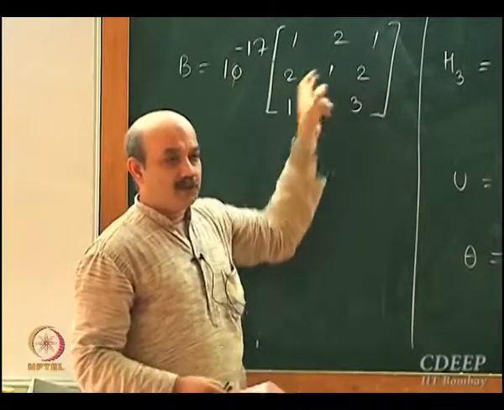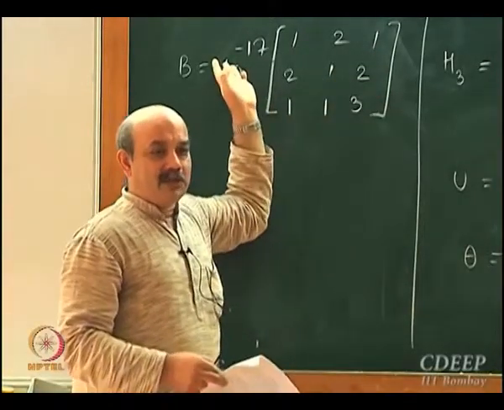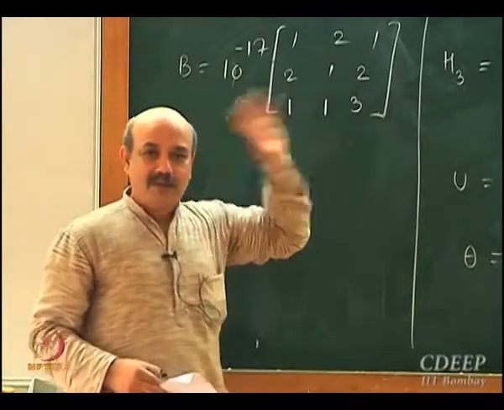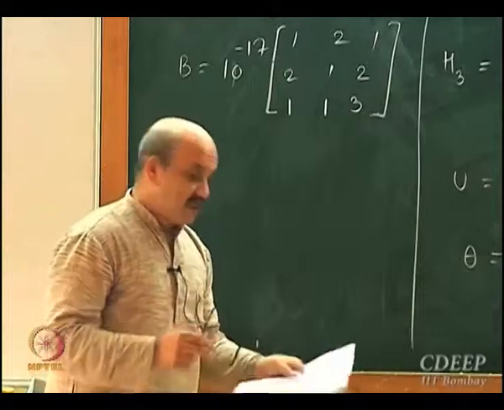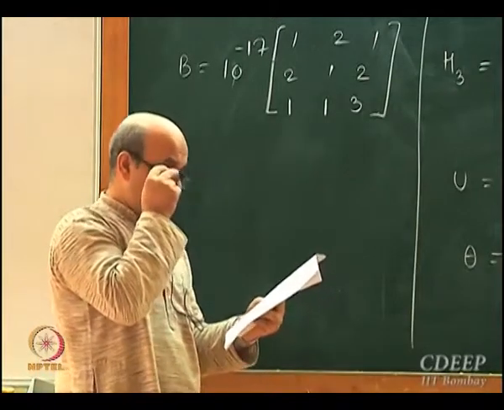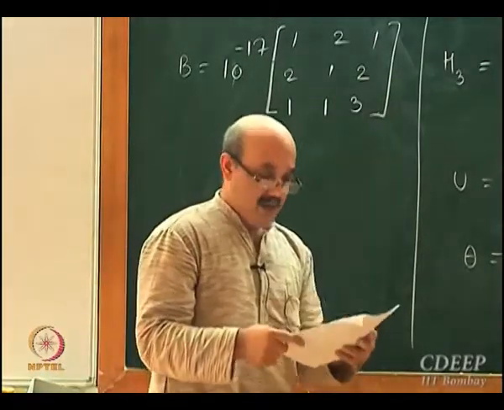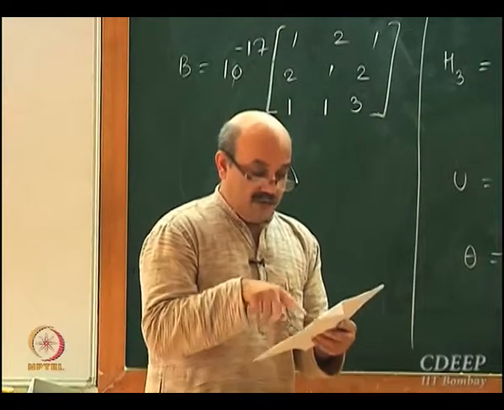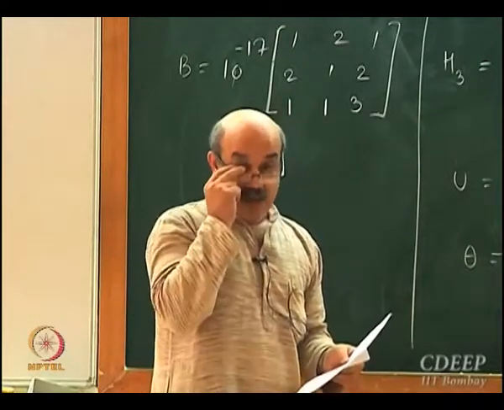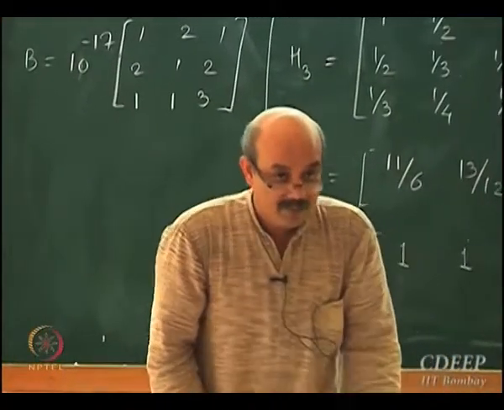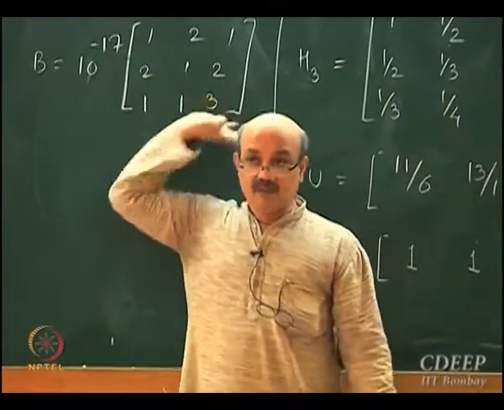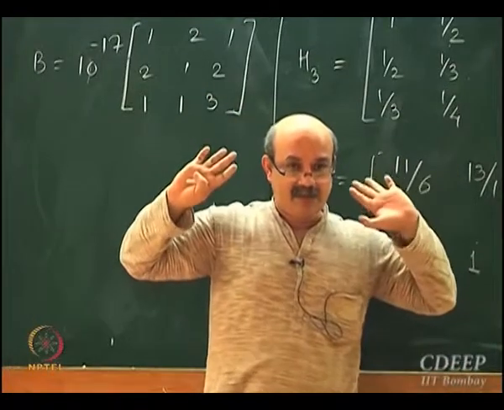Though I have written 1 to 1, it is multiplied by 10 to the power minus 17. Now if I do inversion of this matrix and then multiply the inverse into the B matrix, MATLAB will give you a perfect identity matrix back.